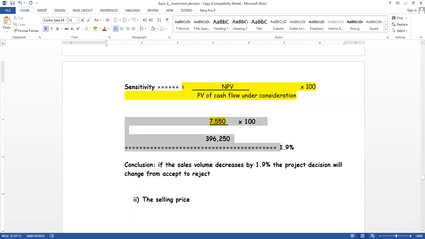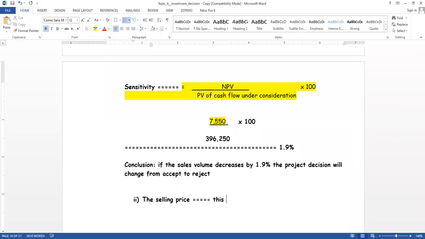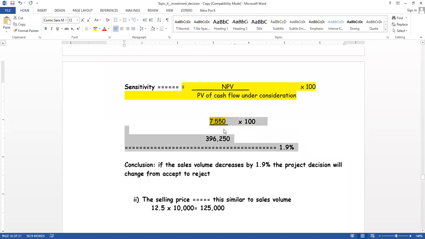Because once you have your selling price of 12.5, you need to multiply by the sales volume of 10,000 units so that you get your 125, so that you can compute that sensitivity margin.